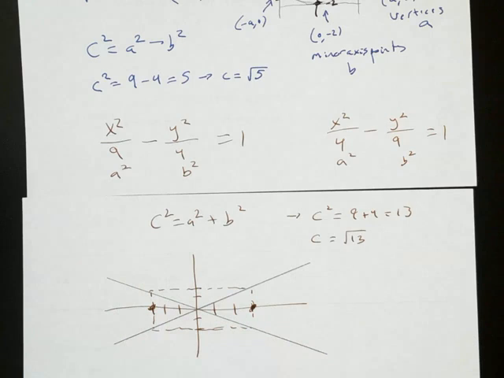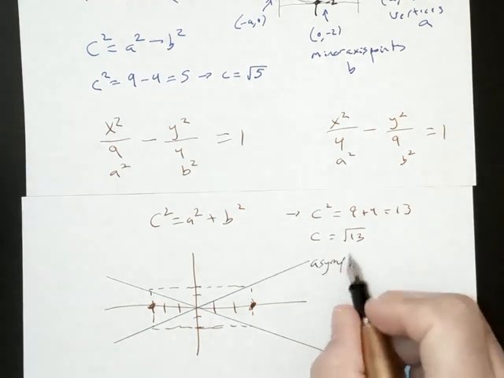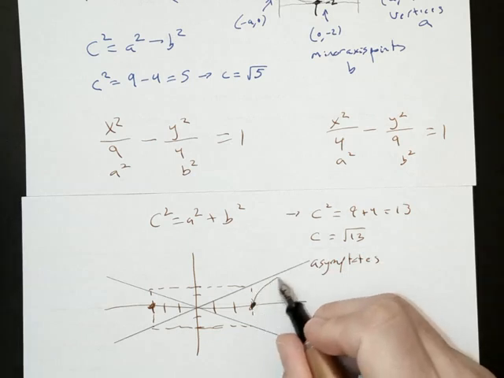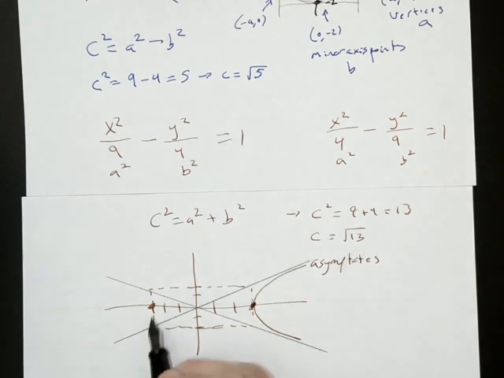Those lines that we just drew, they're asymptotes. Which means we start here and we don't cross them. And there's my hyperbola.